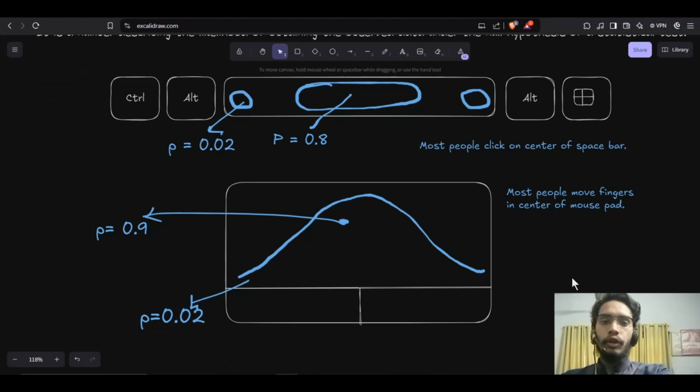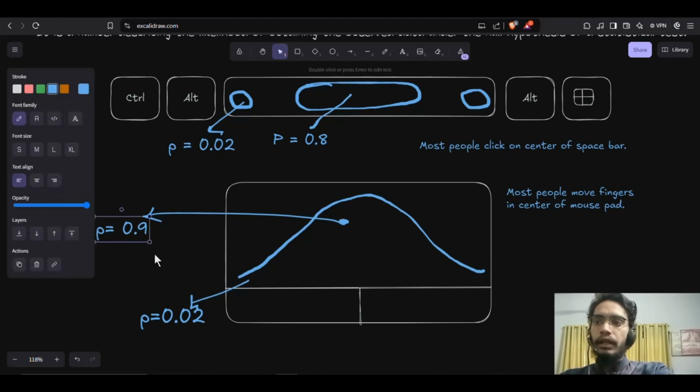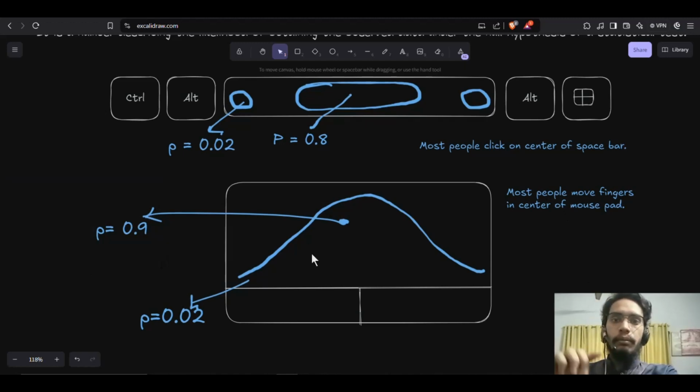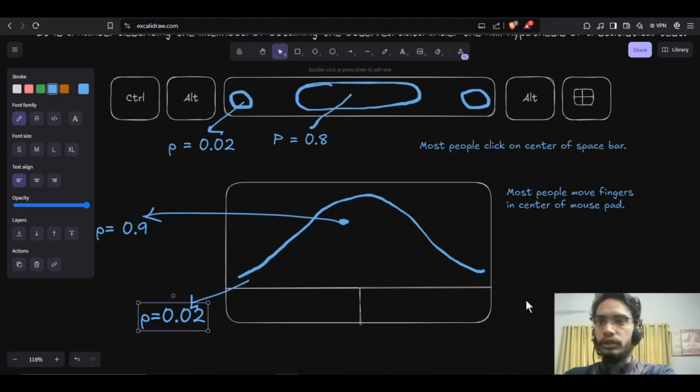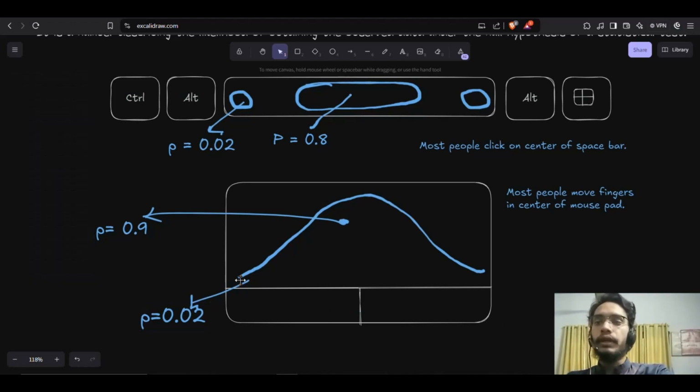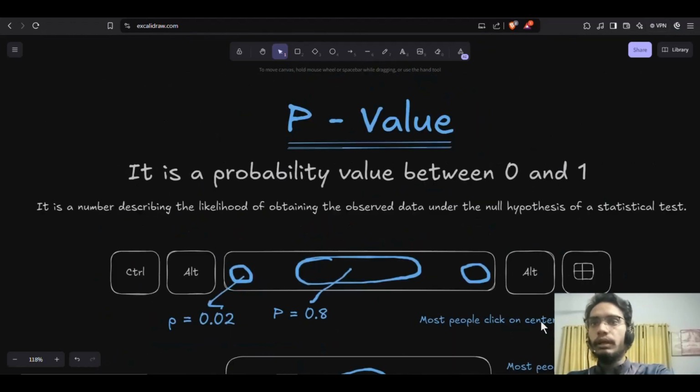So the null hypothesis, or my original statement, which says that most people move fingers in the center of the mouse pad, is supported by the higher p-value, while this p-value of 0.02 is opposing my null hypothesis, saying that no, your statement is wrong, there are some people who move their finger on these sides also, right? So this is the whole thing of the p-value.